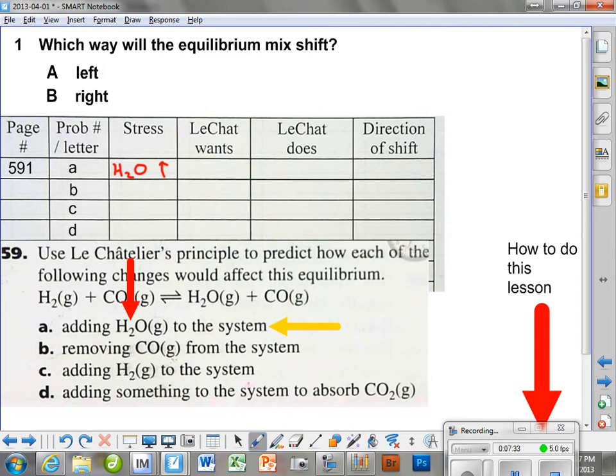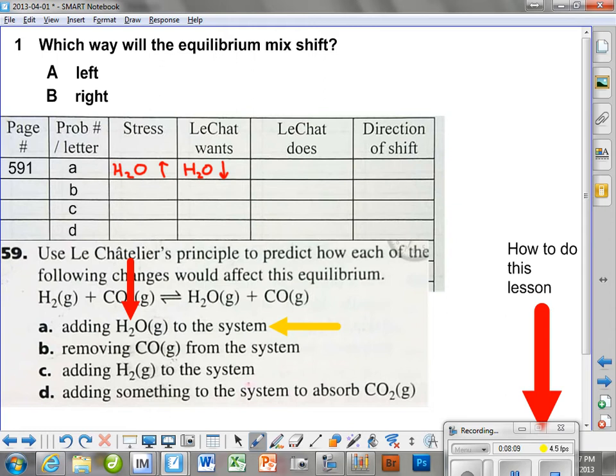In that last little thing I showed you, you want to refer back to that to see what that means. Now, Le Chat is like a naughty teenager. He wants to do the opposite of whatever you want to do. So he's going to try and decrease the amount of water. Now you added water from the outside, but he can't add anything to the chamber, and he cannot take away anything by taking it out of the chamber.